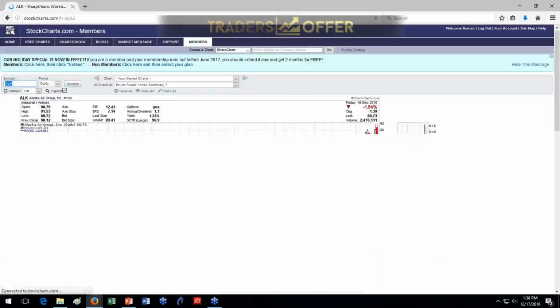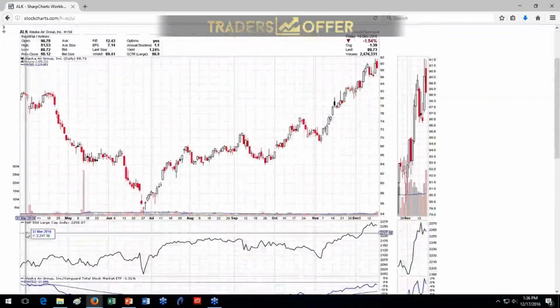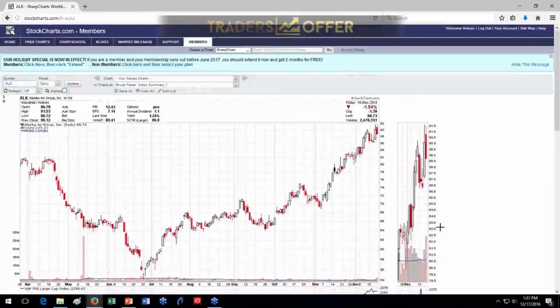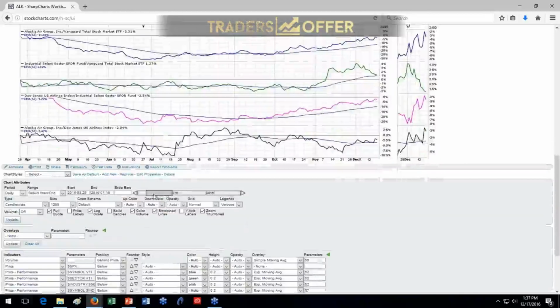Let's see if it's going to give it to us. Yeah, I think that's sufficient. So here's the stock, here's the market, and let's go to 2012. Let's identify that period.